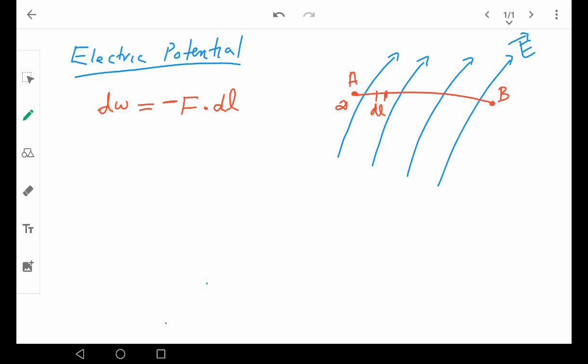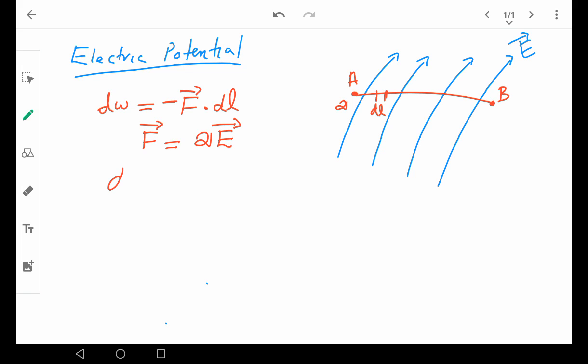The force on a charge Q due to the electric field E is given by F equal to Q times E.